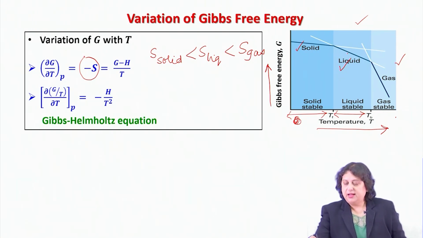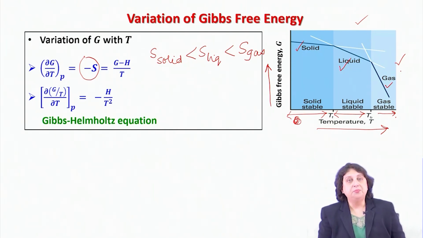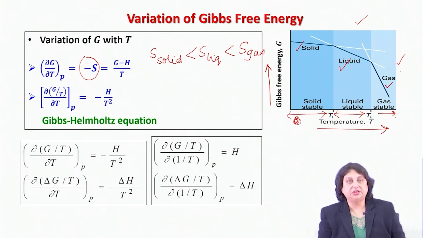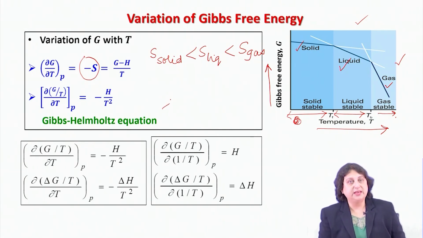And finally, at a temperature higher than the boiling temperature, I have the gas phase having the minimum Gibbs free energy. So in addition to the form that I have shown here, there are other forms of the Gibbs-Helmholtz equation that I have summarized here.